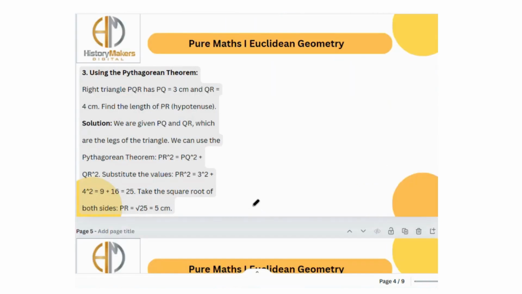Question number 3 says using the Pythagorean theorem, right angle PQR. Right angle, keywords, right angle, Pythagorean theorem. Then it says PQR, right angle, and combine the two, because it's the theorem of Pythagoras.